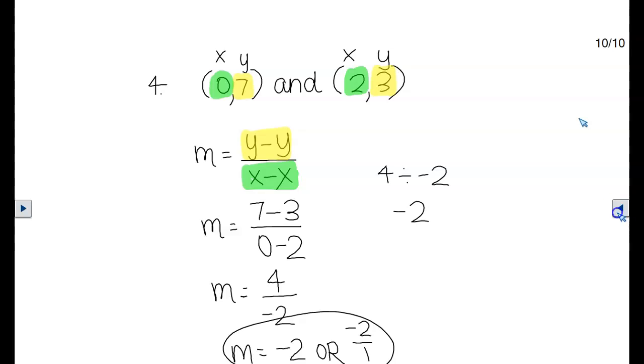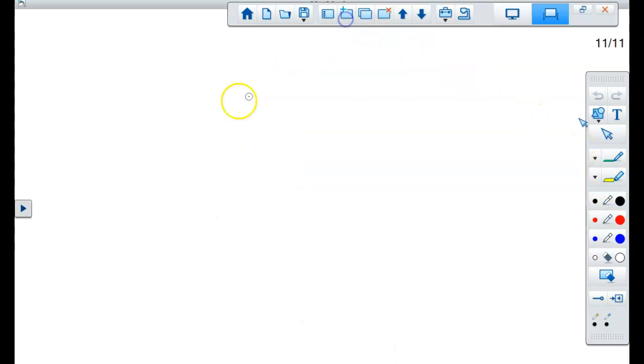All right, let's do just a couple more problems. I got 2 more I want to show you. So for this next one, let's do 3, 1 and negative 2, 1. X, y, x, y.